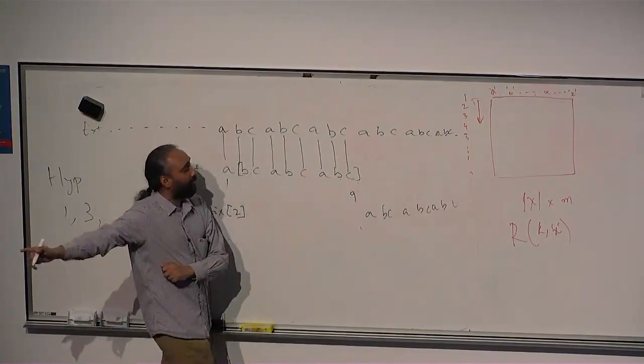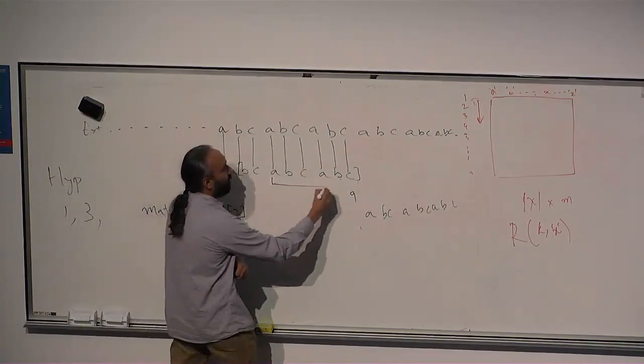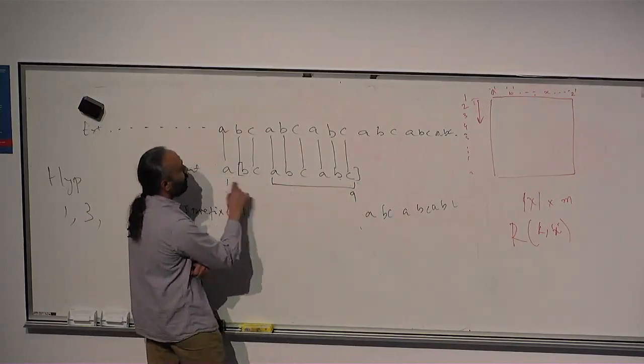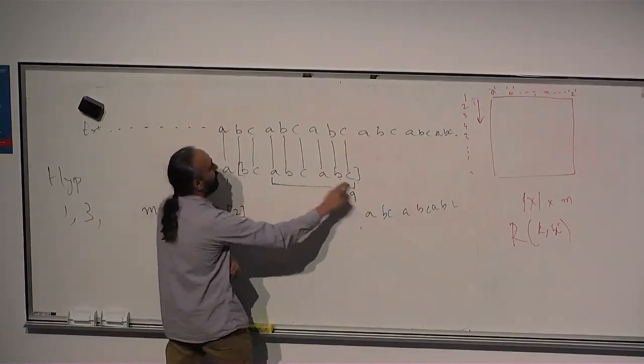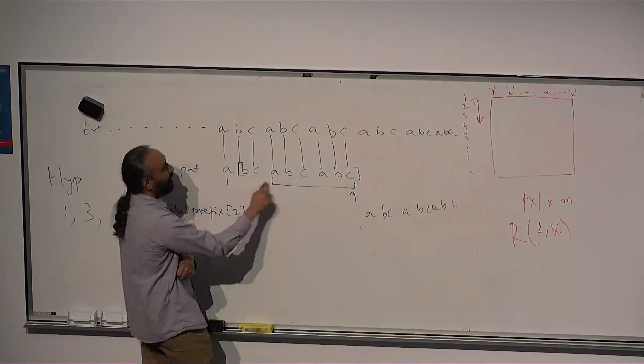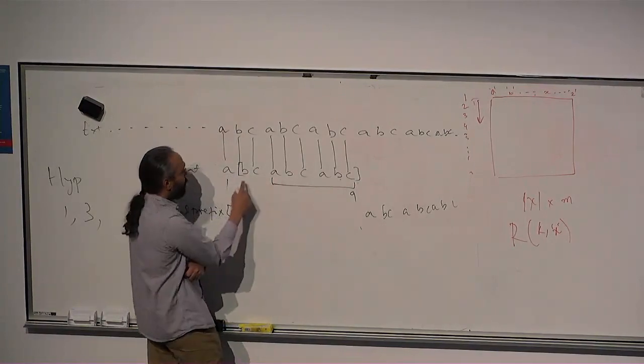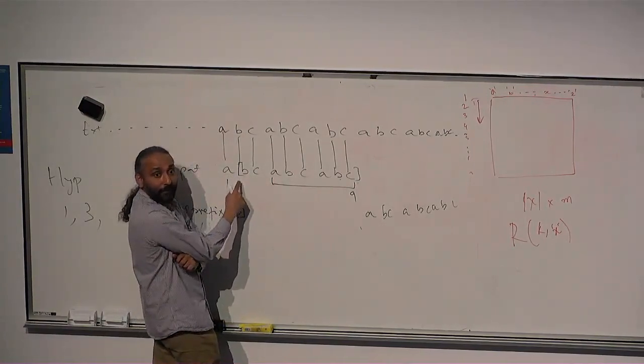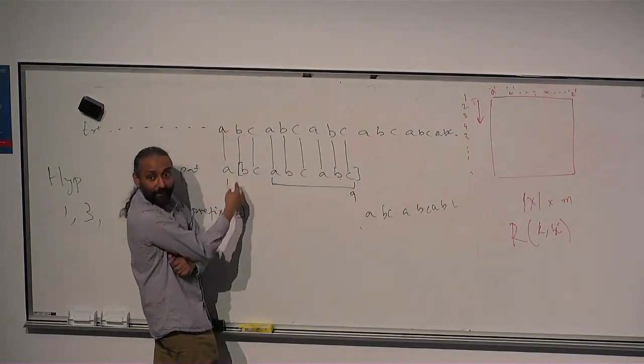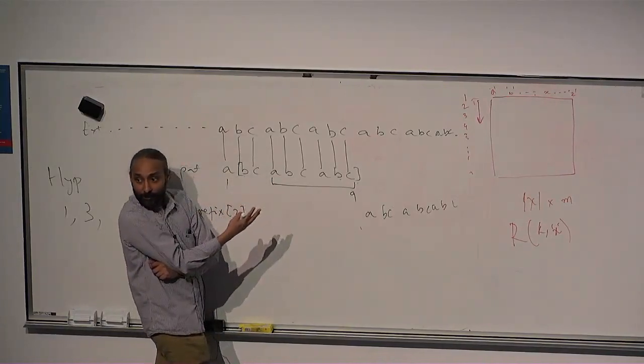I heard 6 there. 6 is that matches the prefix. ABC, ABC, ABC matches ABC, ABC, right? So the longest suffix starting at position 2 that matches the prefix.